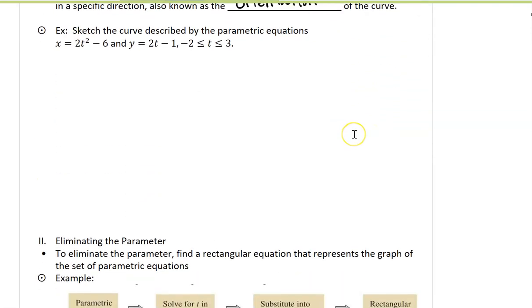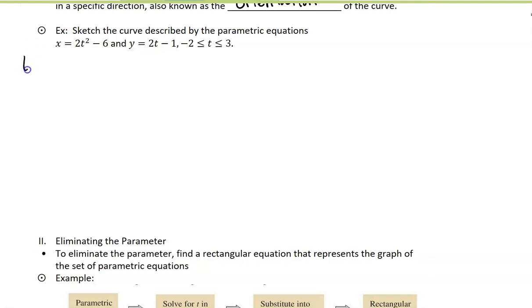This example says sketch the plane curve described by the parametric equations x equals 2t squared minus 6 and y equals 2t minus 1, where t is between negative 2 and 3. So what we're going to do is sketch the curve, and we're going to plug in t equals negative 2 to t equals 3 and just plug in the integers in between those two values, but we are going to actually plot it as a continuous curve because t could be anything, not just an integer.